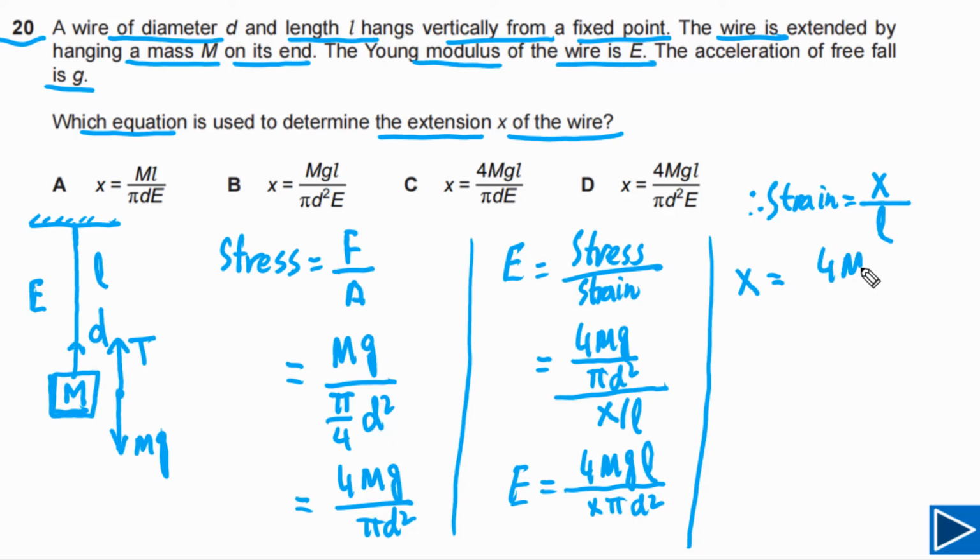That will be equal to 4 mg times L divided by E times pi d squared. So the answer for this question is this, and this is our final answer.